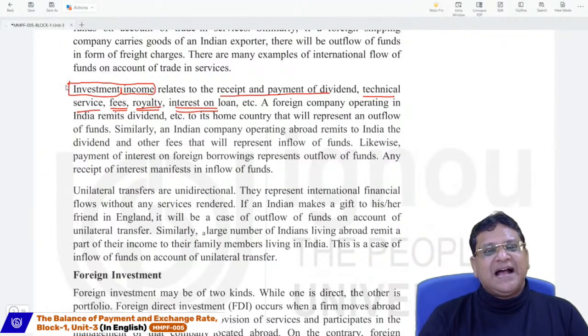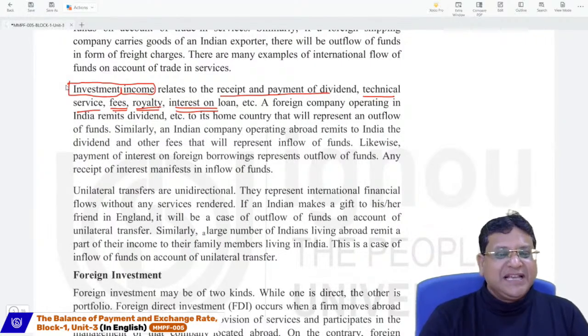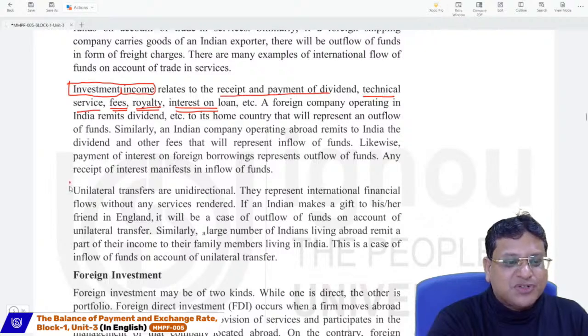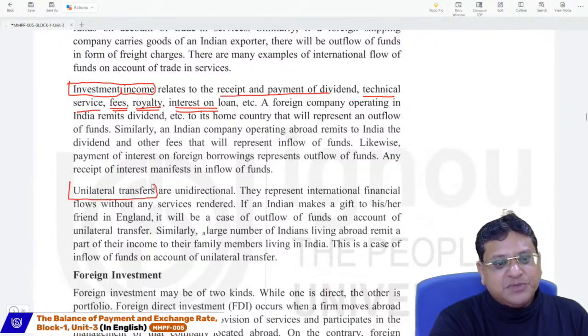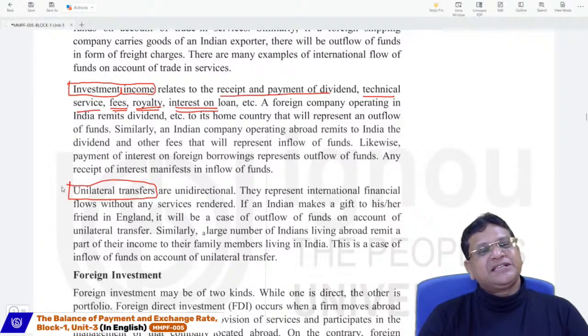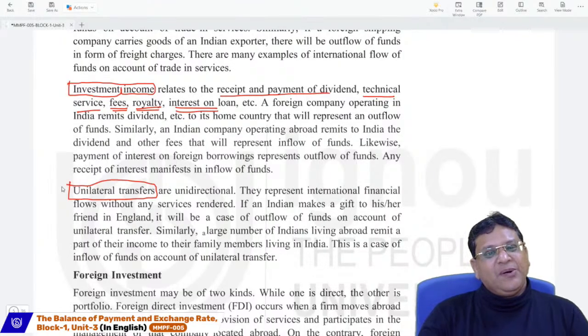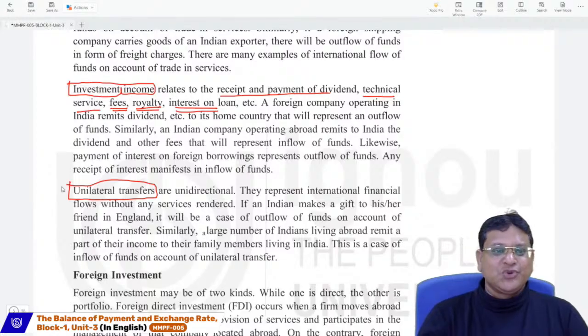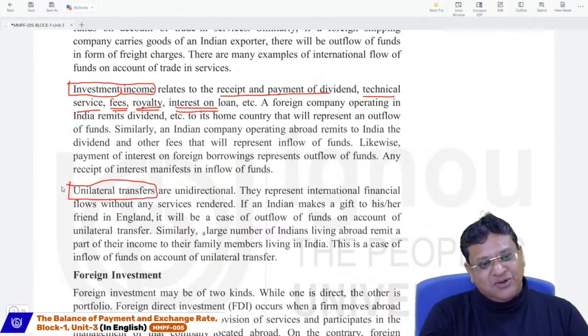Okay. Next, another item is unilateral transfers. Investment incomes are over. Let's take an example. You have a home in the USA and you have put it on rent. Then the foreign rent will come into India. So it's an investment income, and it results in an inflow of funds.